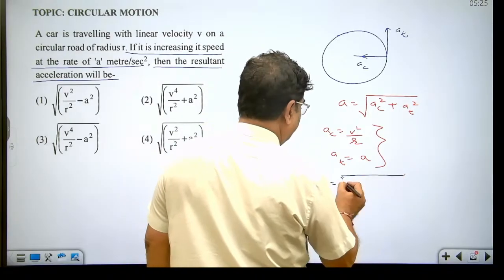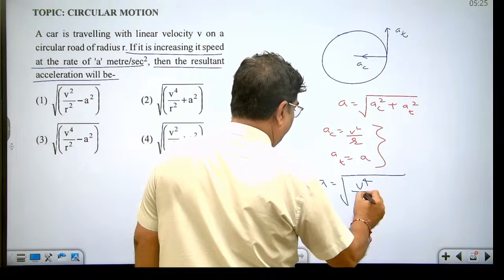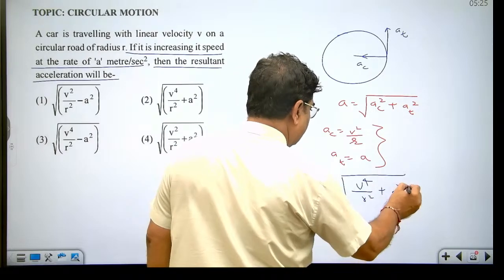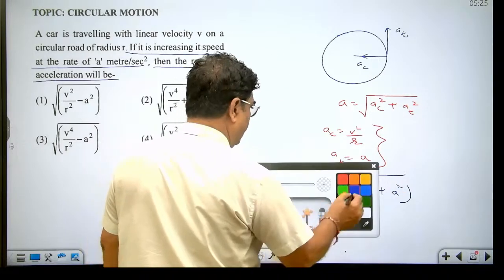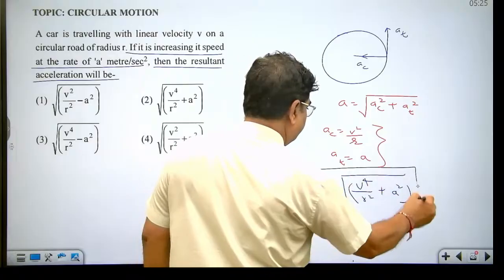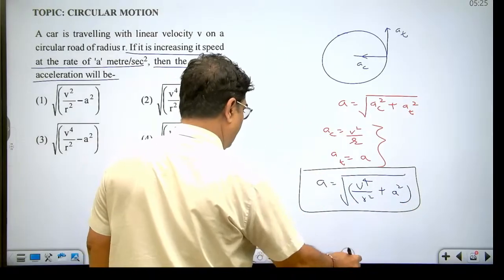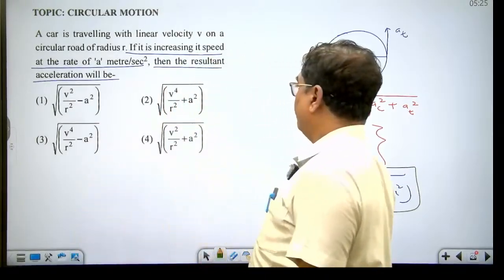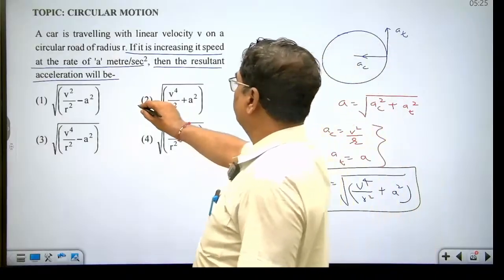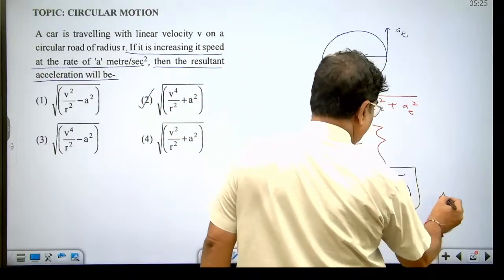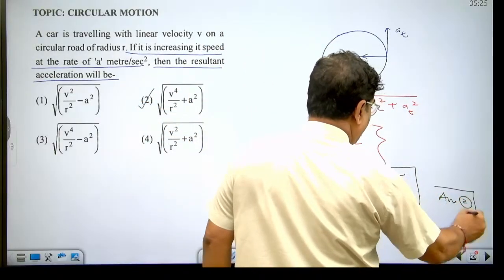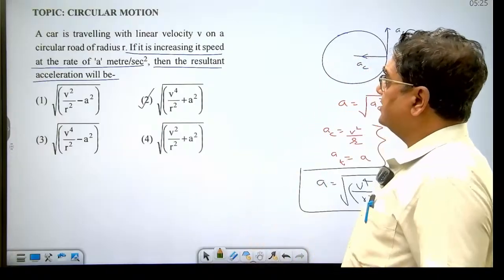This will be equal to root of v to the power 4 upon r square plus a square. This will be the total answer. Okay. So out of 4 choices, the correct answer is option 2.